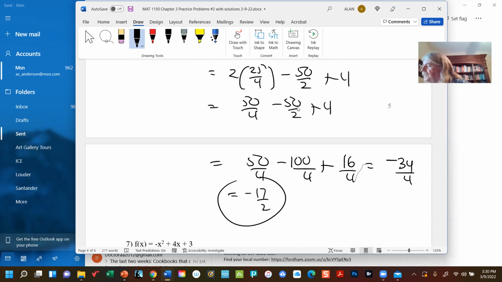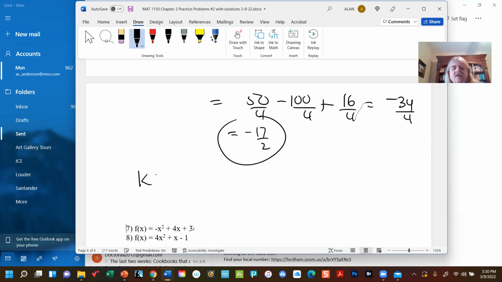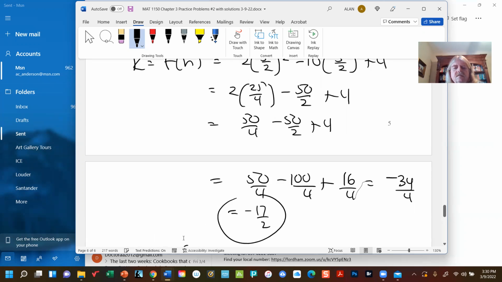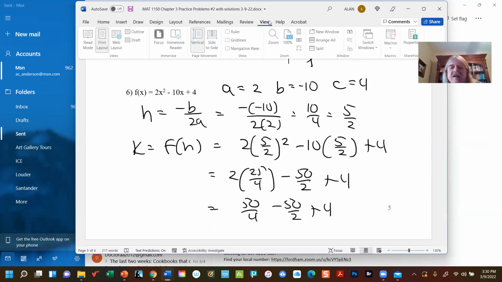Okay, so now what? Well, what we're going to need to do is find K. Okay, so how do we do that? K, of course, is f of h. So the original function way back up here, let me split the screen for a second.